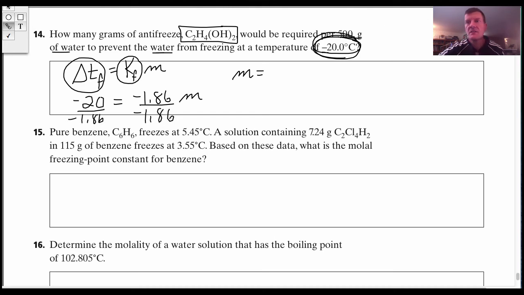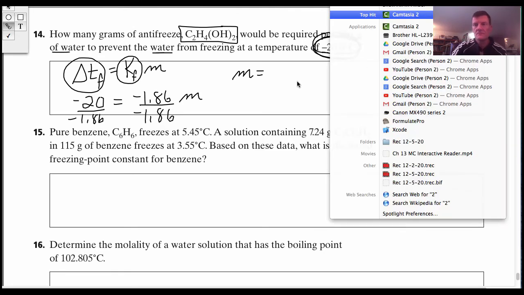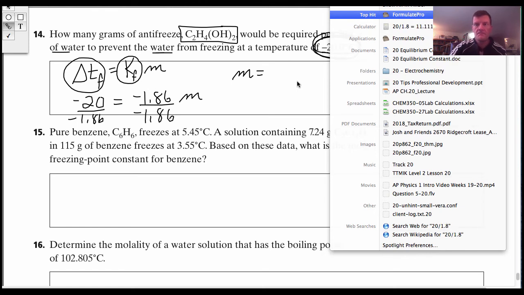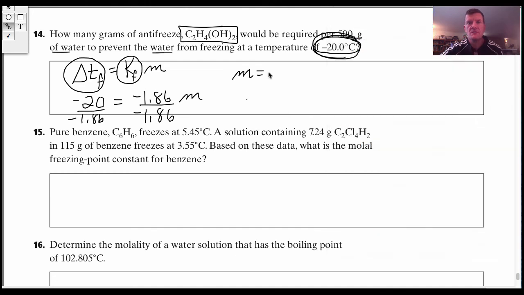All right. I'll just do that really quickly. 10.75 about, okay, 10.75. Now, that's not your answer. It's not asking for the molality. It's asking how many grams of this solute would be required per 50 grams of water. So now what we're saying is you have the molality.